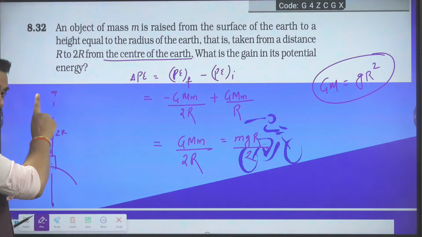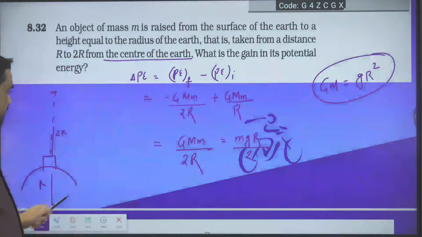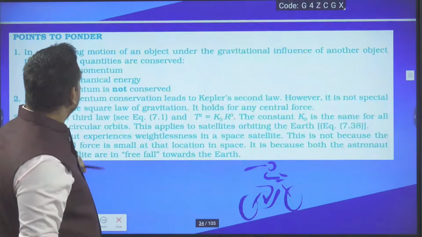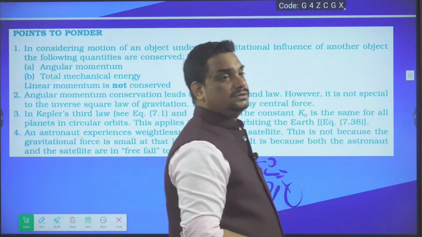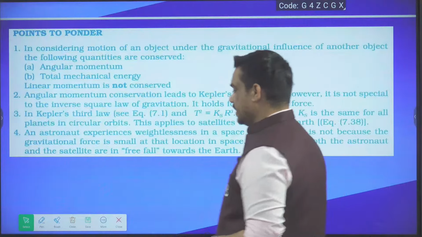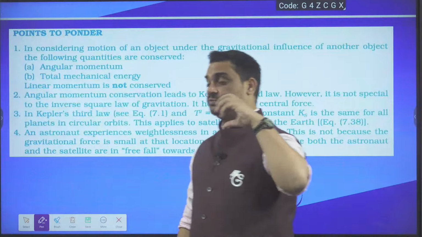This one is the NCERT exercise question. Points to ponder, very important. Wherever points to ponder or summary are taken, they are important.